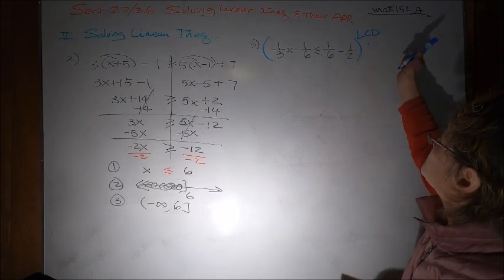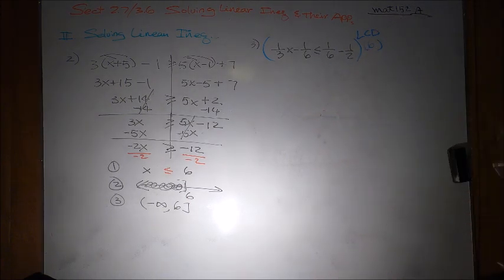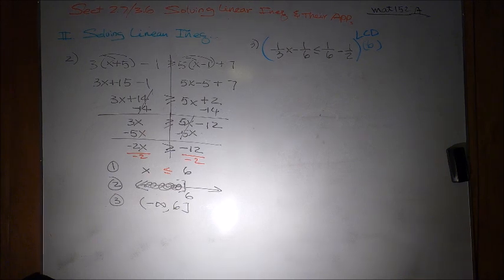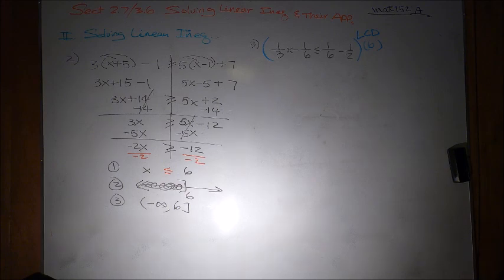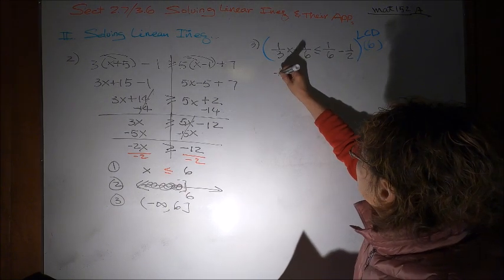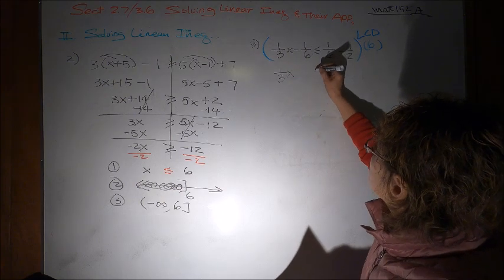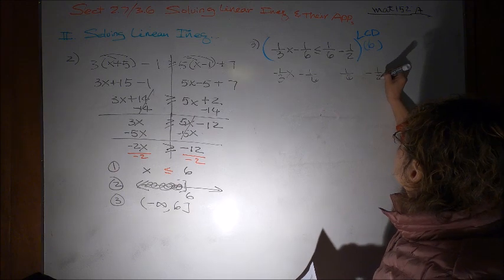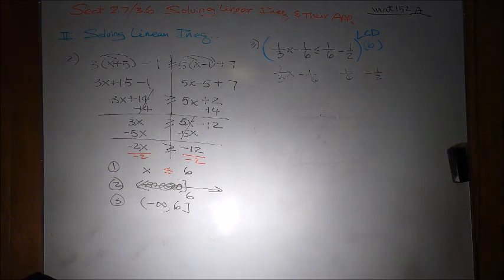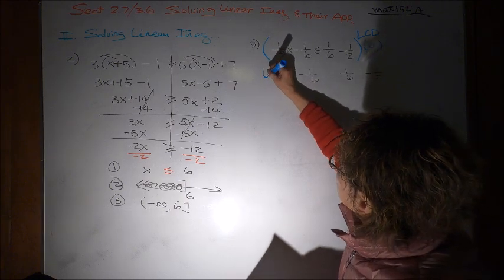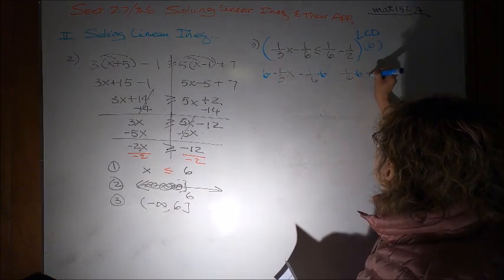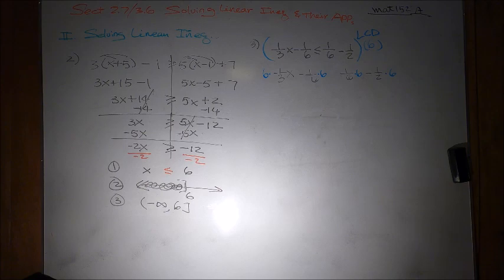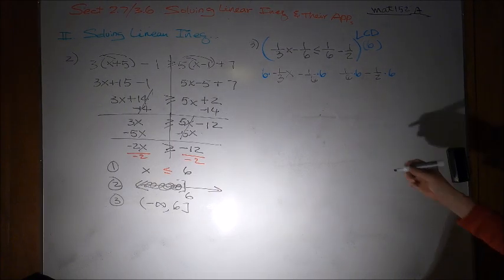So 3, 6, 6, 2, you will do 6, right? Then let's see. We can actually get rid of the denominators, right? That was the original, right? When you multiply 6, everybody has to multiply 6, right? Do we change the direction of the sign?